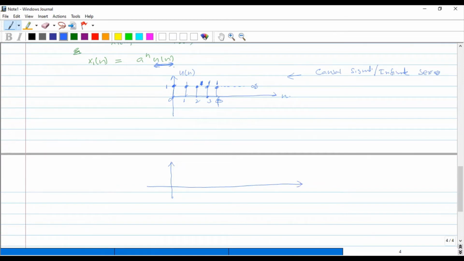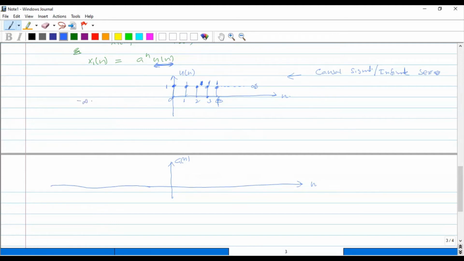I just forget about this u[n] and I try to draw the a^n signal. Here we have no restriction. For u[n] we know there are no minus values; the unit step function starts from 0, that is how it is defined. But for a^n we don't have such a specification.